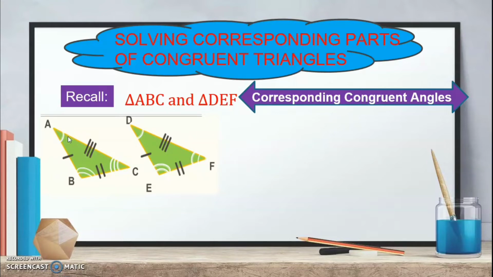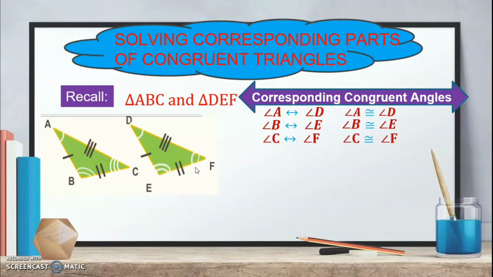We'll start with angle A corresponds to angle D, so angle A is congruent to angle D. Next, angle B corresponds to angle E, so they are congruent. And the last angle, angle C corresponds to angle F, so angle C is congruent to angle F.